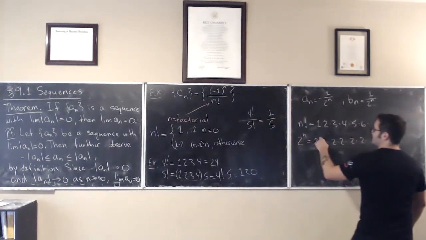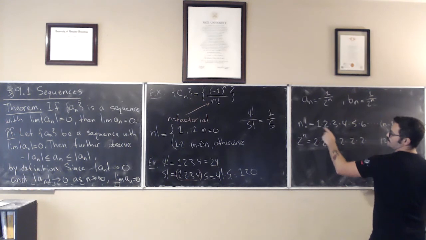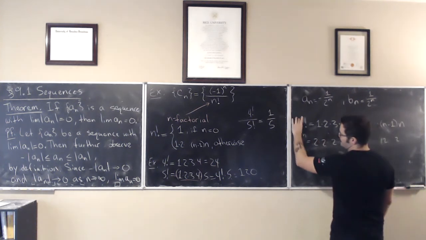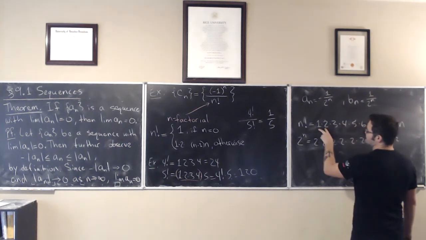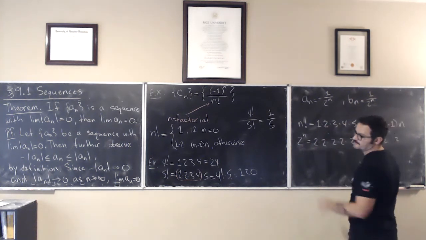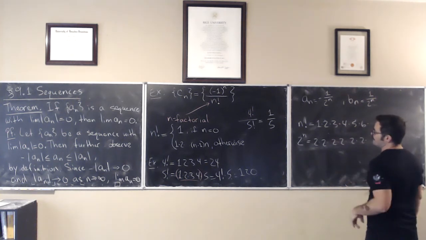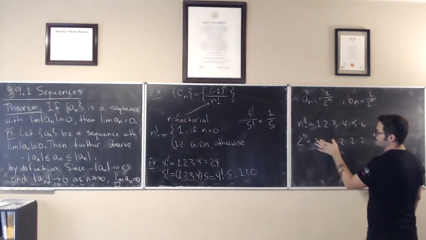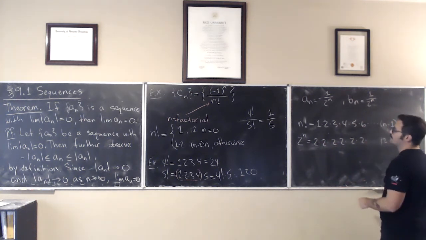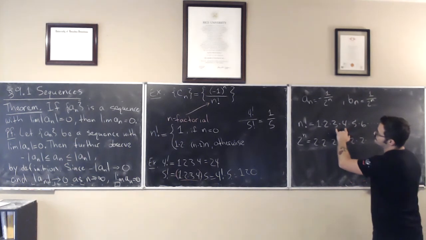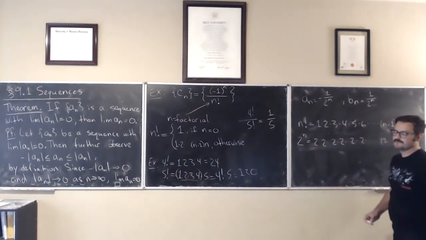When n is equal to 1, 2 is greater than 1. So that's bigger than that when n is equal to 1. When n is equal to 2, we have 2 versus 4. That's still bigger. When n is equal to 3, we have 6 versus 8. This is still bigger. When n is equal to 4, we have 24 versus 16.